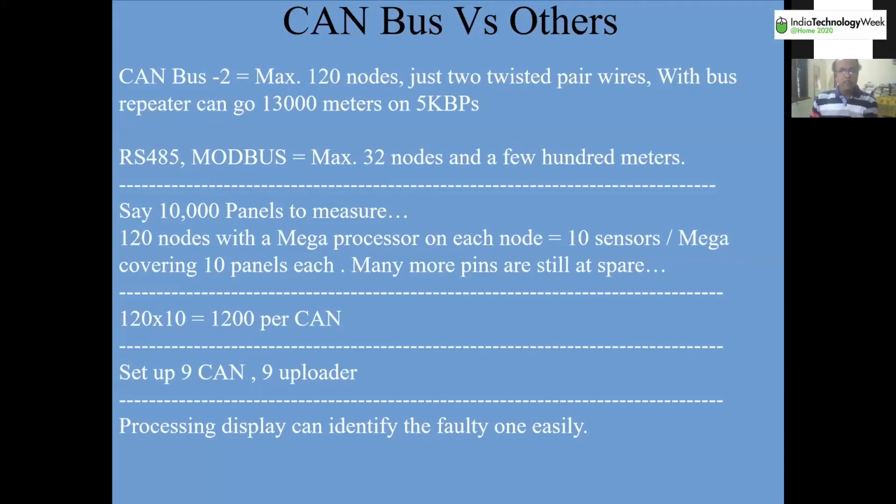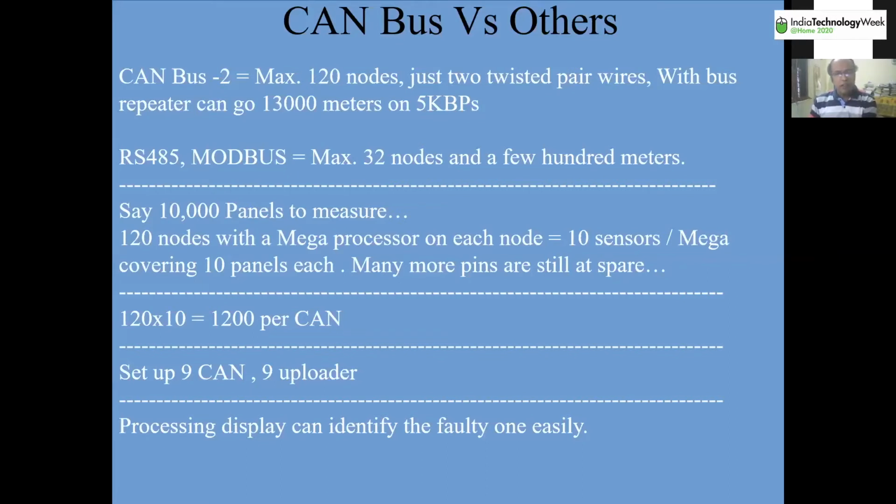For one signal to measure, if you go for 120 nodes, and if you put an Arduino processor in between, or Mega processor in between, you can find that for each Arduino Mega or Arduino Uno, you can take 10 sensors. Means 10 GPIOs, and for each GPIO, you put one current sensor or voltage sensor.